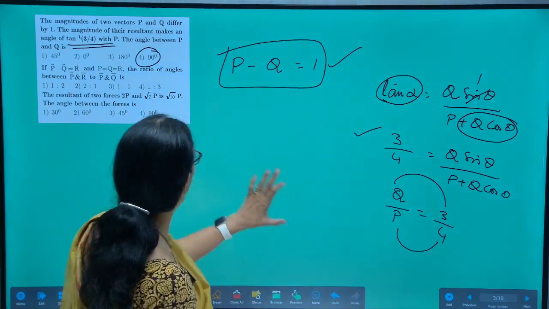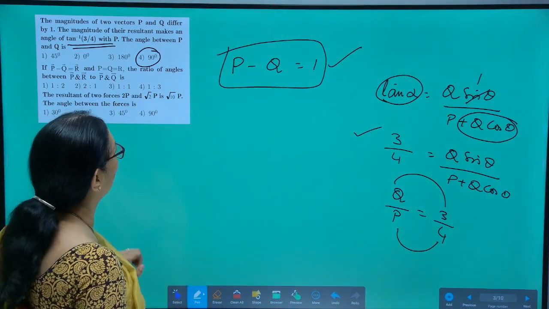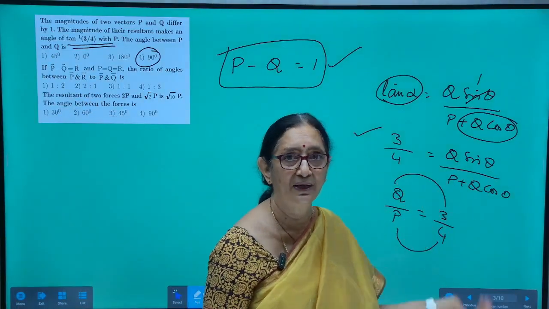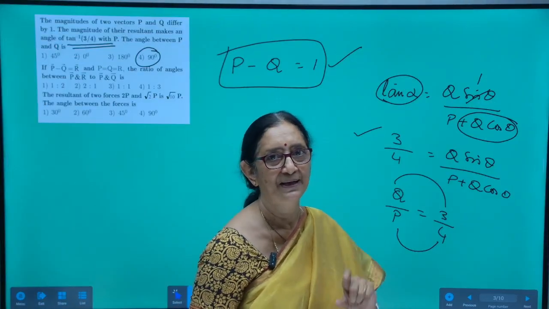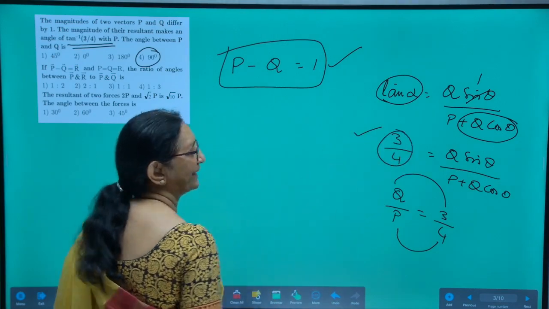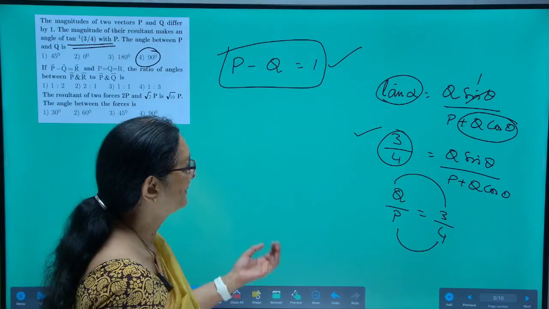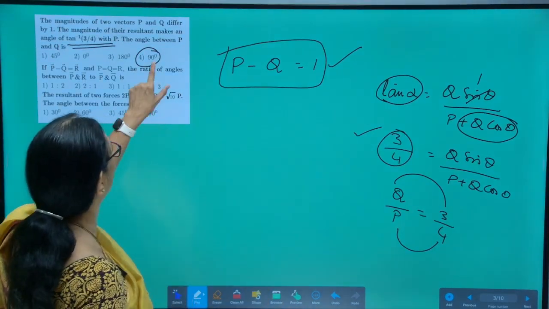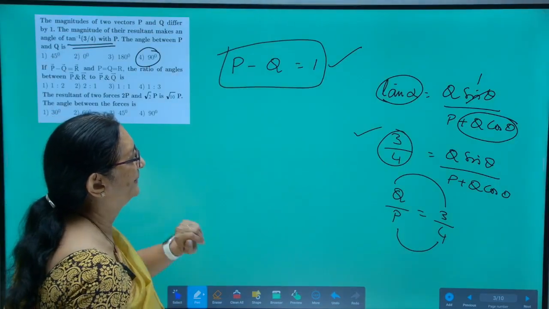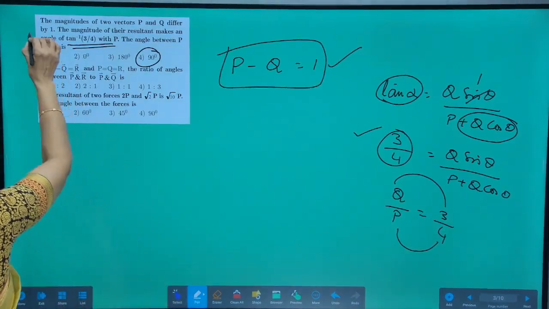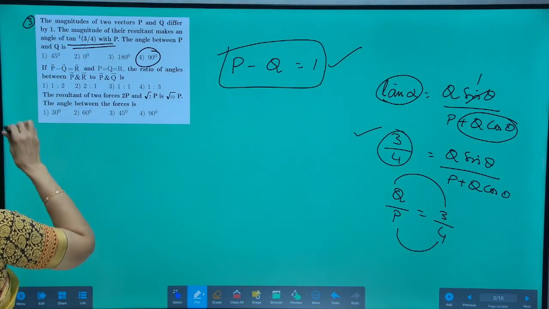The simplest way of solving that problem is to substitute the options and verify from the options. But if you have in mind that tan inverse 3 by 4 is 37 degrees when P and Q are at right angles, it is very simple. That is the shortcut method for this question.